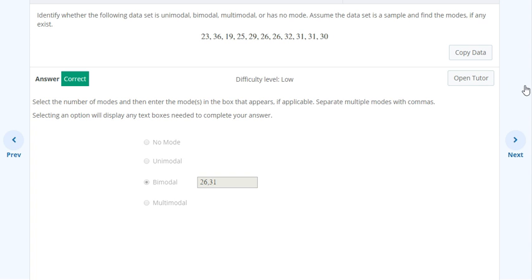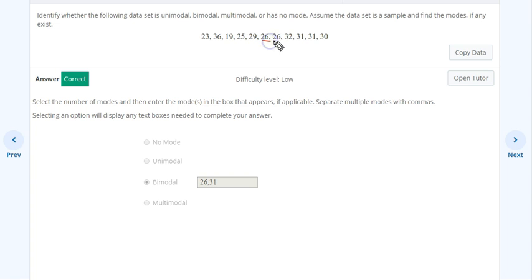For this one, another example in finding the mode, whether it's uni, bi, or multi. So again, the strategy, you don't have to copy it down, just look at them. 23, there's only the one. 36, only the one. 19, only the one. 25, only the one. 29, only the one. 26.